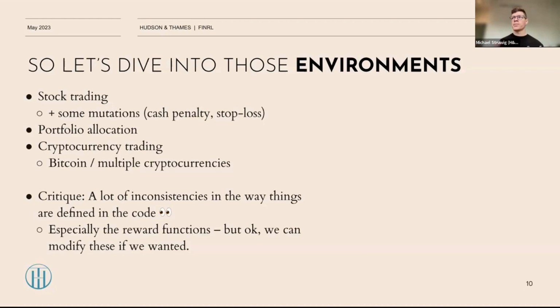So there's not that much customization yet. If you want to do that in an easy way, what you have to do is hop in and actually change the code of FinRL. It's not as bad as it sounds, but it's just something that you have to keep in mind. But anyway, that's more just a subtle critique, and I think something where the library can be improved. And to be fair, it is open source, so maybe I should contribute a fix.